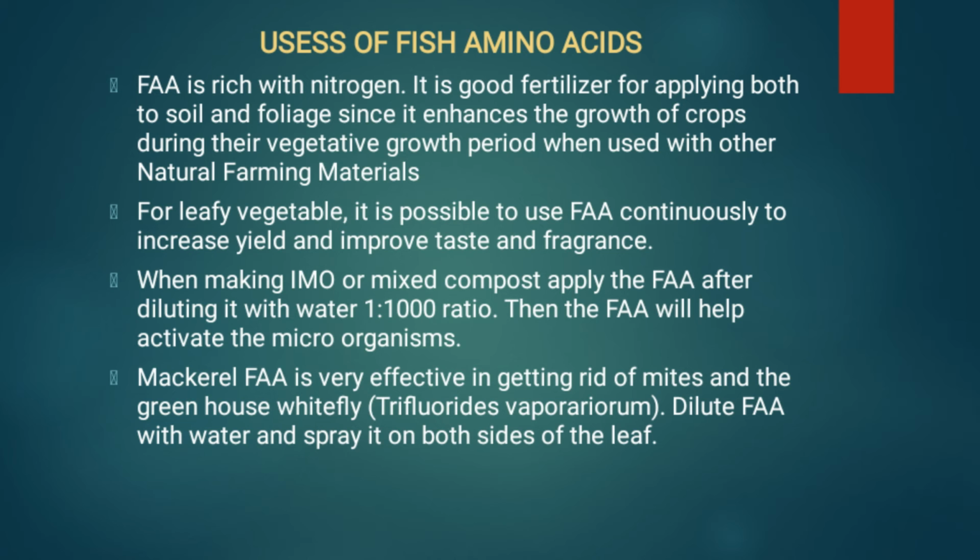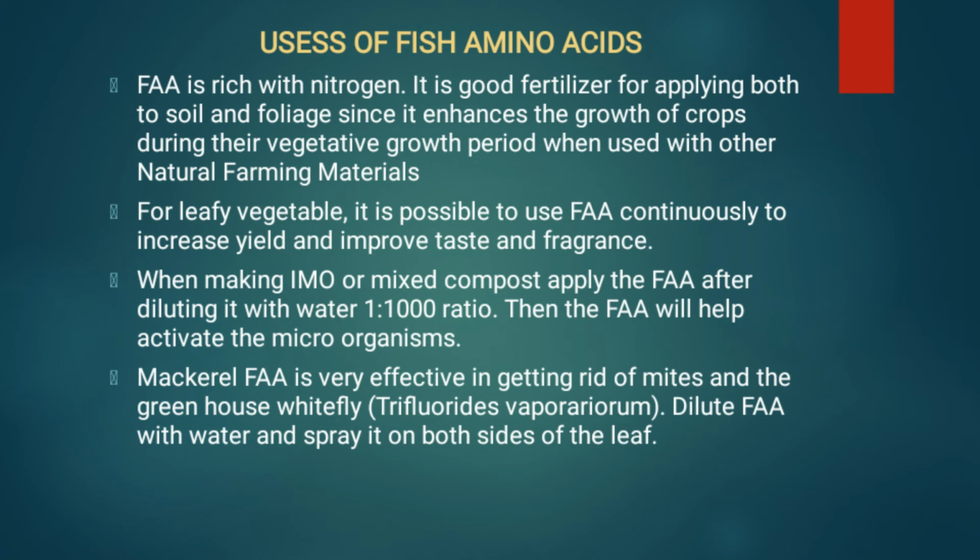For leafy vegetables, it is possible to use fish amino acid continuously to increase yield and improve the taste and fragrance. When making IMO or mixed compost, apply the fish amino acid after diluting it with water. The ratio is 1 to 1000. Then the fish amino acid will help activate the microorganisms.